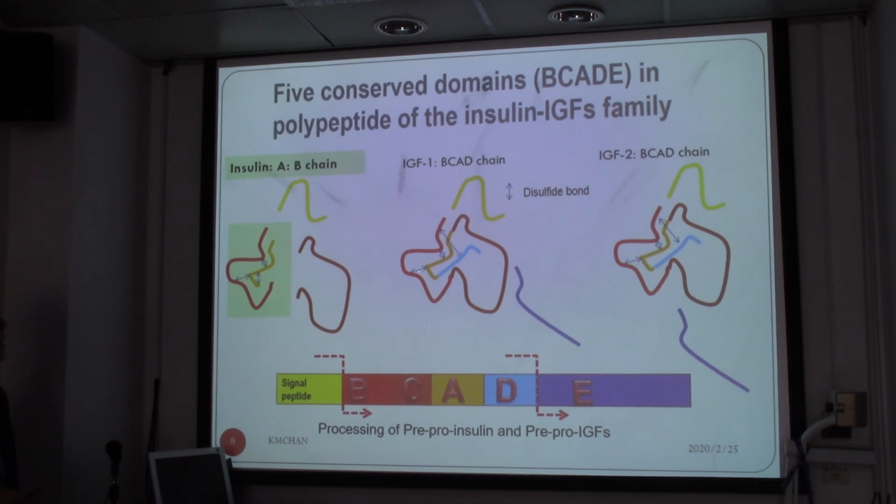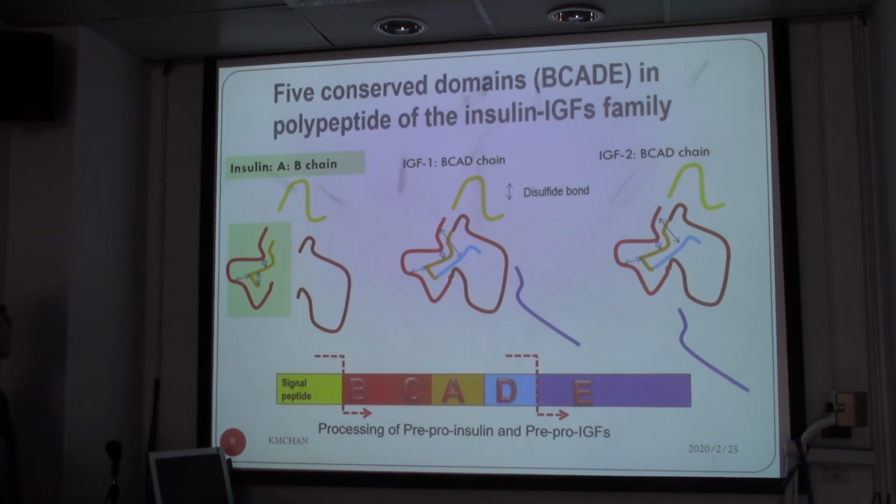So these are the B, connecting C, A, and D, which remain intact, and the signal peptide is gone. Only in insulin are the A chain and B chain linked together with the connecting peptide removed.